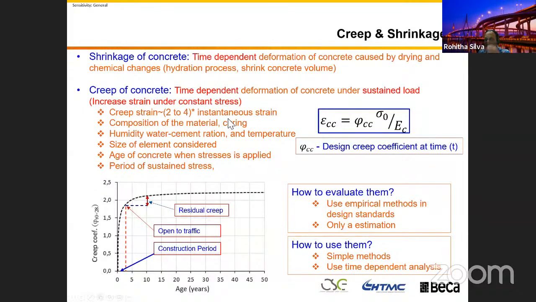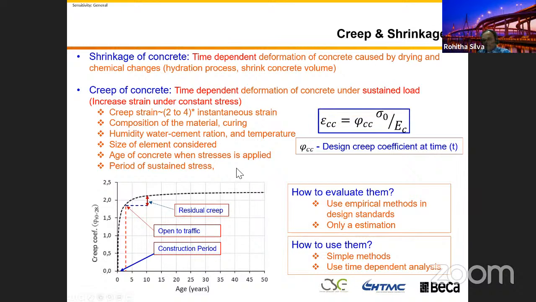So creep and shrinkage is a common thing everywhere you deal with concrete, and shrinkage of concrete happens at the early stage of construction. It's a time-dependent deformation of concrete caused by the drying or hydration process, because of the shrinking of the concrete volume during the hydration process.